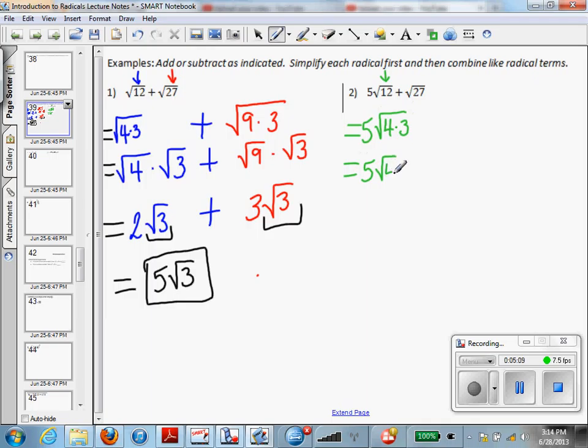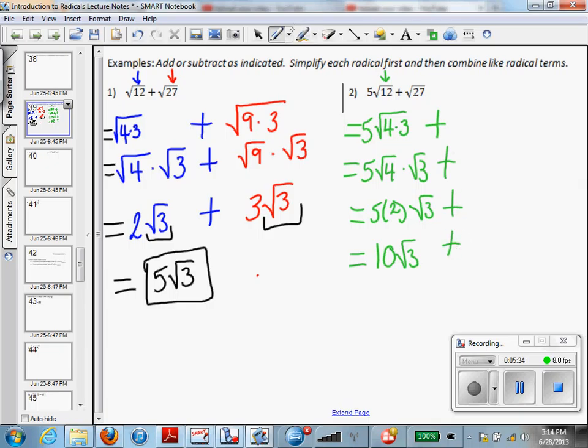So we have 5 times the square root of 4 times the square root of 3. Again, the 4 can be brought out as 2. Then we have our times the square root of 3. So we can simplify this part right here of 5 times 2 as 10 square root of 3.